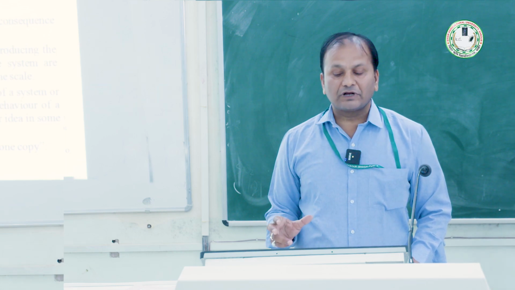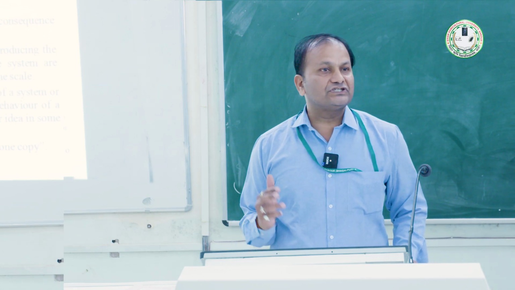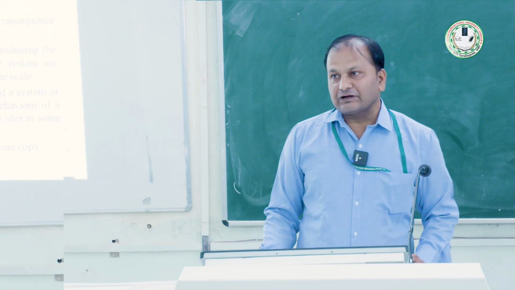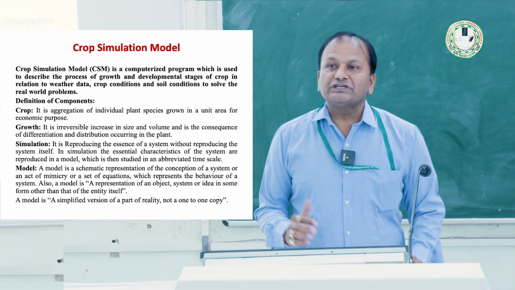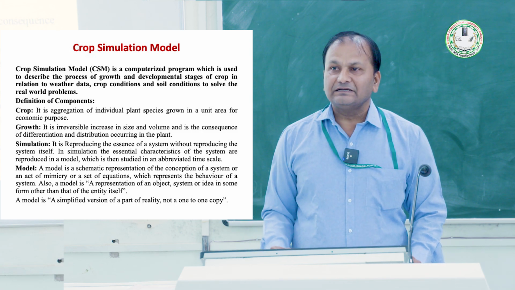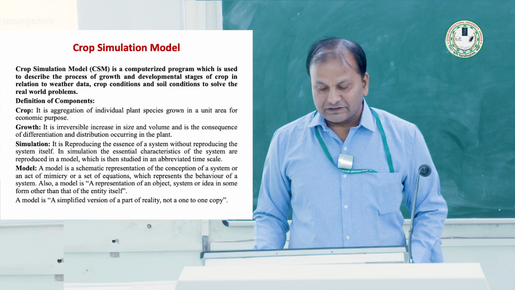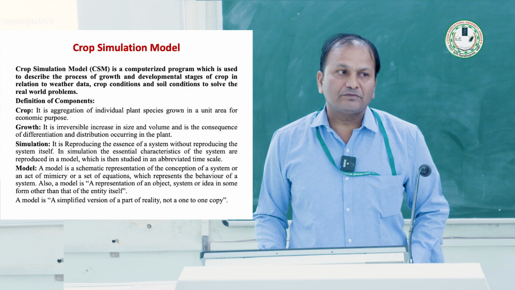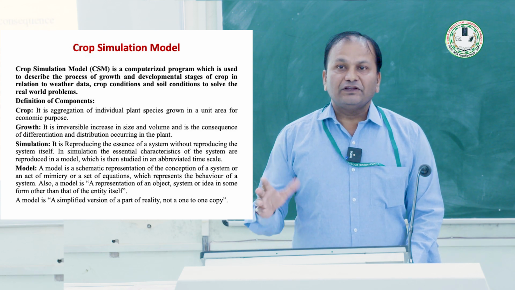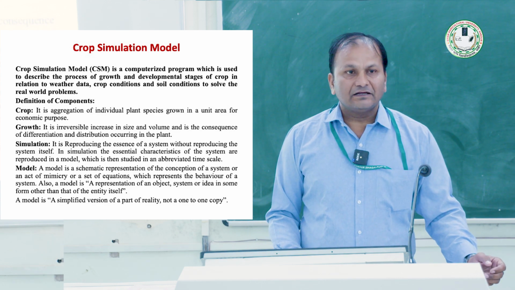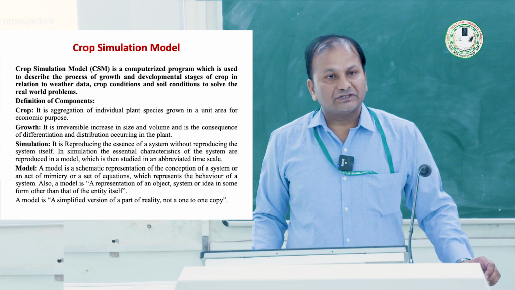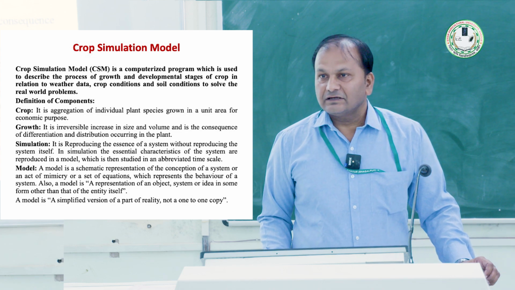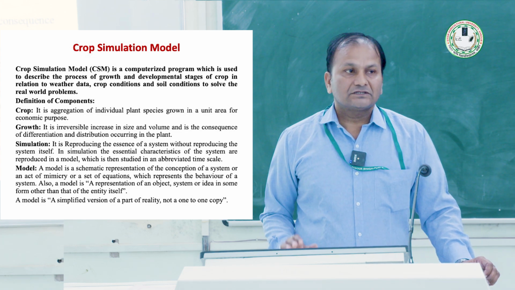So a crop simulation model is a computerized program used to describe the crop stages, growth and development by using weather data, soil data and crop management methods, so that we can solve some real world problems. What are the real world problems? In future or in any year there may be aberrant weather conditions: sometimes excess rain, sometimes no rain, sometimes drought.